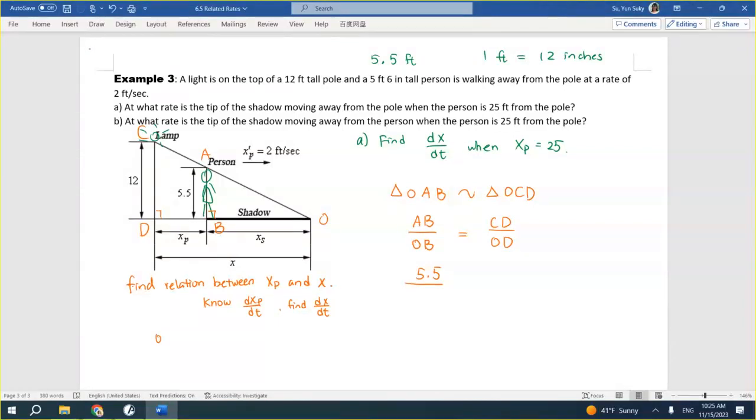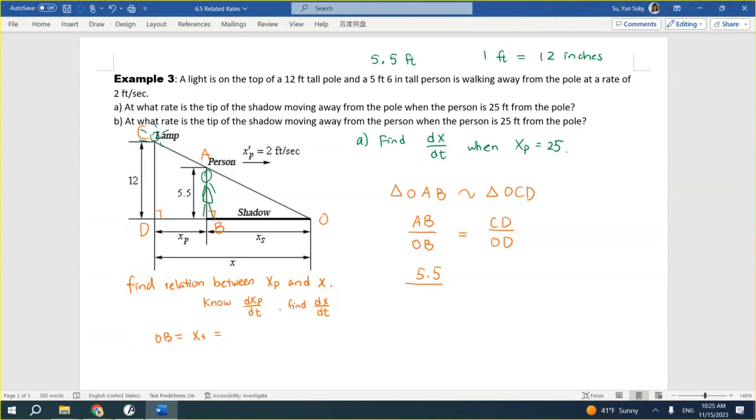We know OB is XS. But you can write XS in terms of XP and X. So what is XS in terms of XP and X? Do you see this two sum equals that?